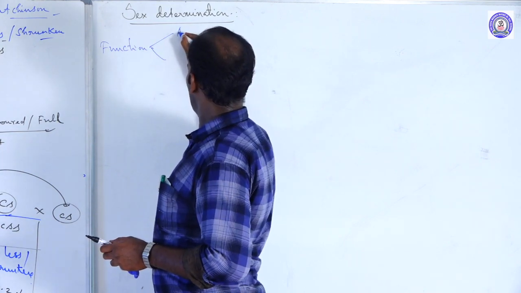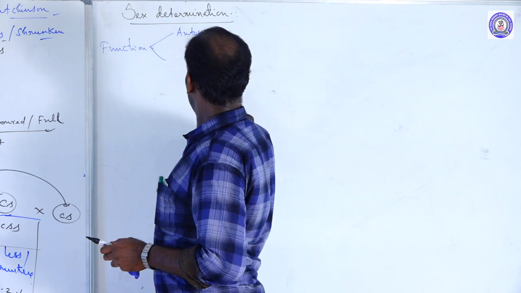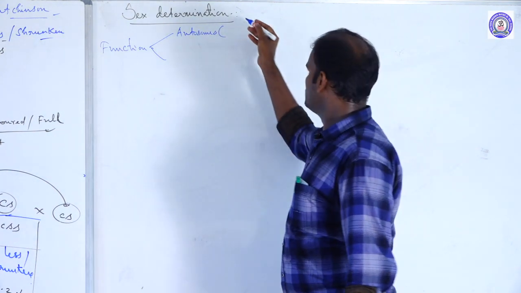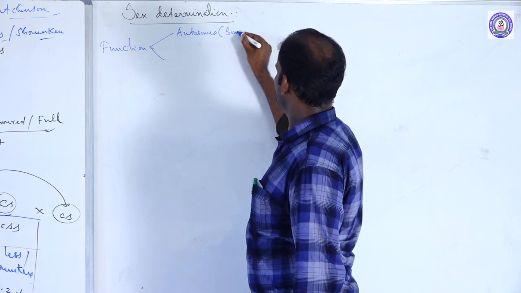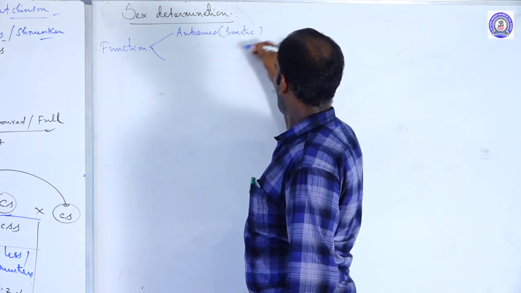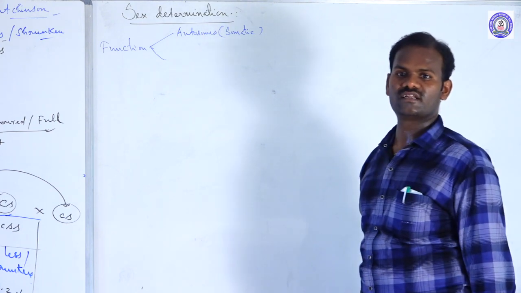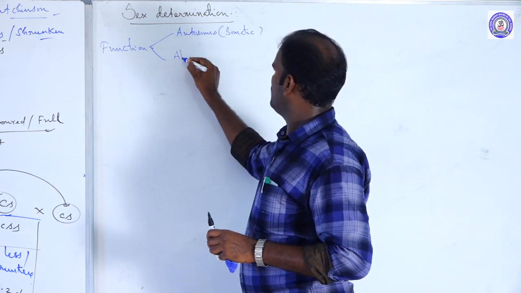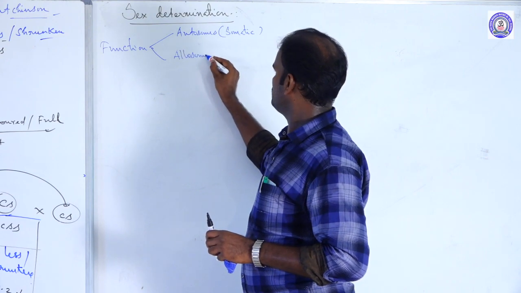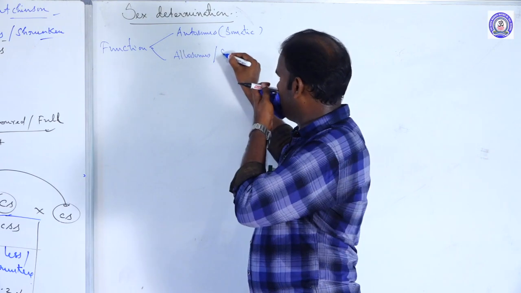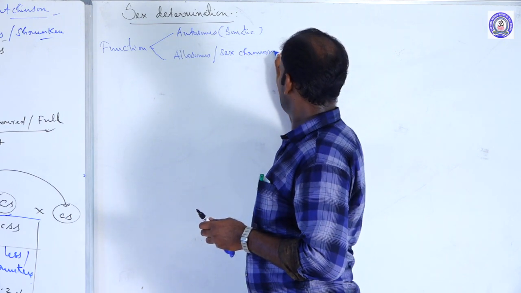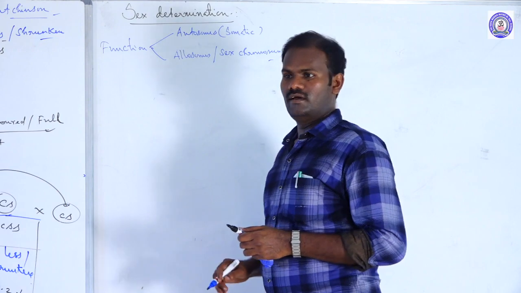One is autosome. The autosomes are also called somatic chromosomes, because they are involved in the determination of somatic characters. The second one is allosome, also called sex chromosome.